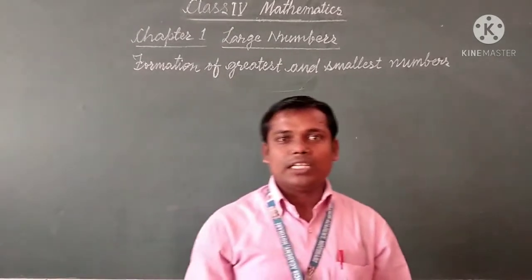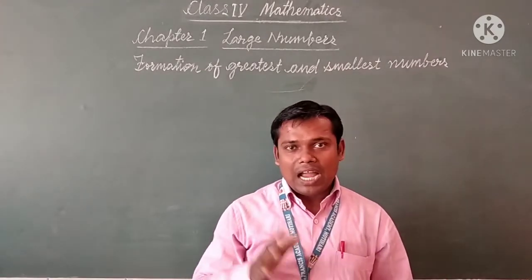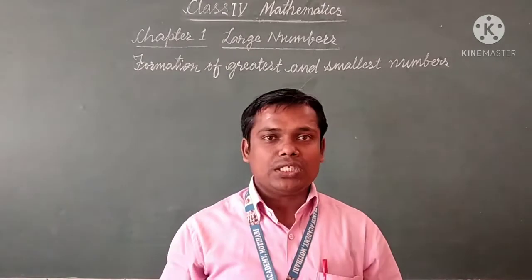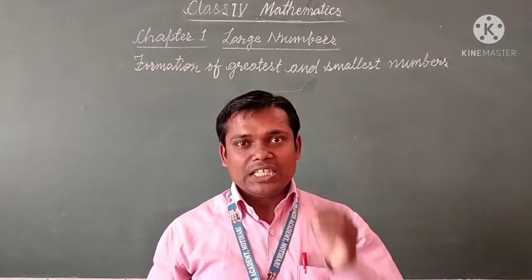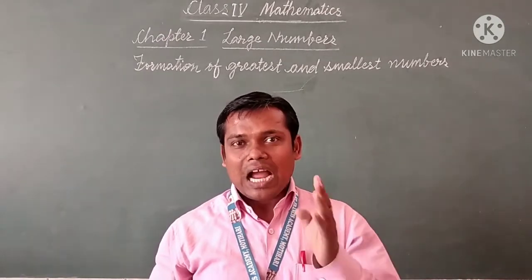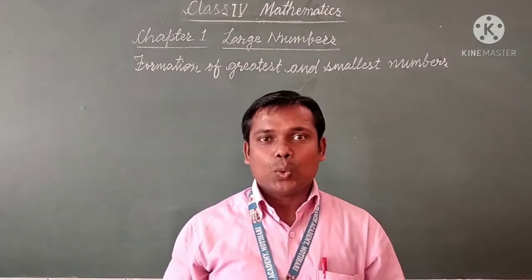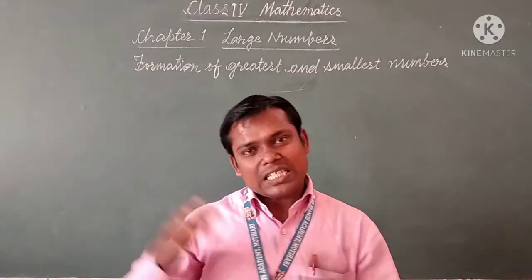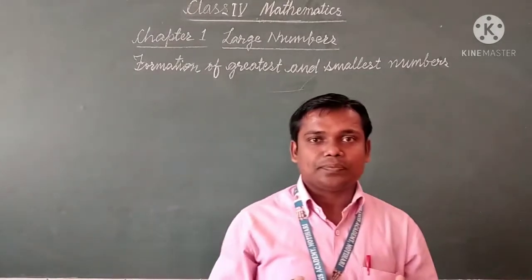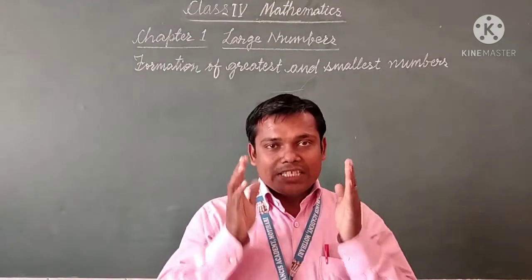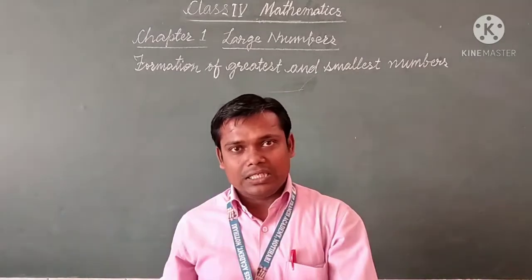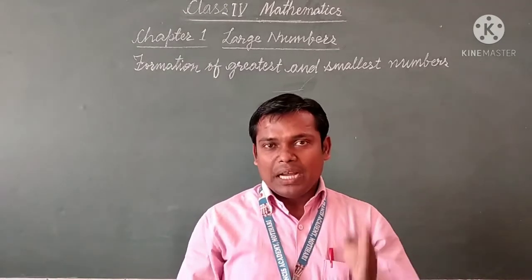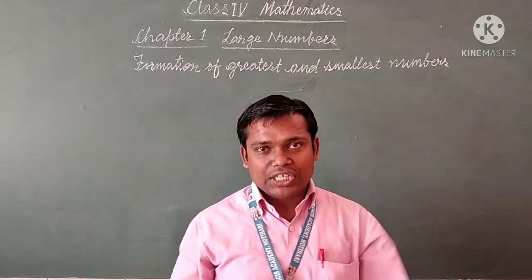Meaning, if we have to write a 5-digit number and we have 5 digits given, and among these 5 digits 0 is also there, then 0 will not be at the extreme left place when we write the smallest 5-digit number. Or if 6 digits are given and it asks to write the smallest number and the greatest number, we write the greatest number by writing the given digits in descending order.